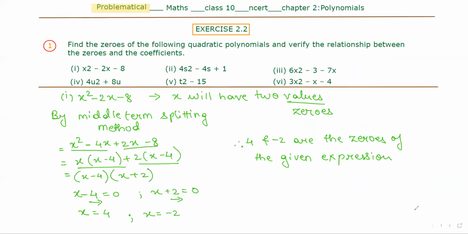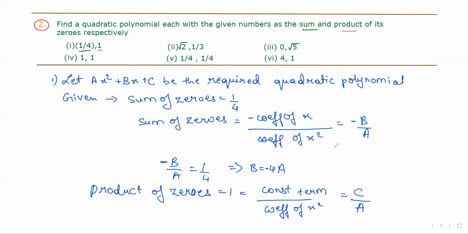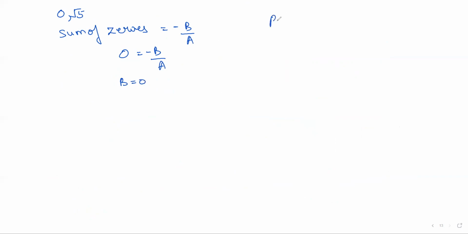Next expression, next values. Next values are 0 and root 5. So for 0 and root 5, you have sum of zeros is equals to minus b upon a. So 0 is equals to minus b upon a. B is equals to 0. For product of zeros is equals to c upon a.